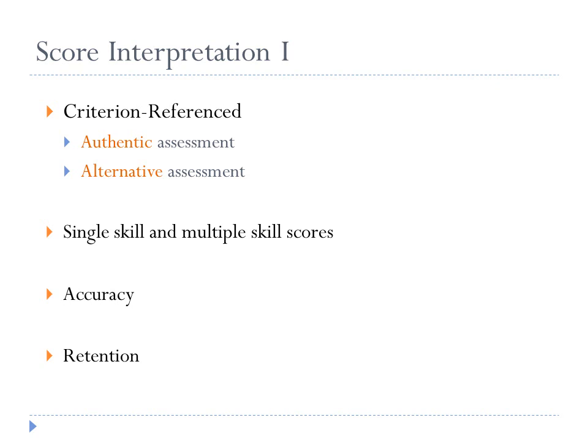There are two different types of criterion reference tests: authentic and alternative assessments. Authentic assessments are when you evaluate the client performing a particular skill or ability in its native environment.